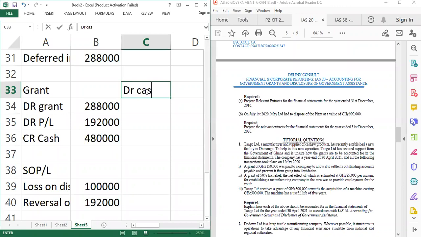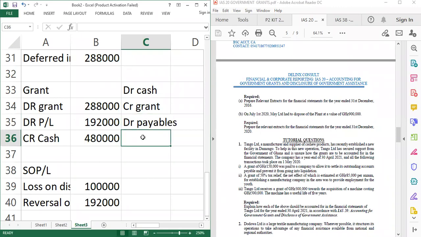Debit cash, credit grants. Then if we pay the payables, what will happen? Debit payables and credit cash.